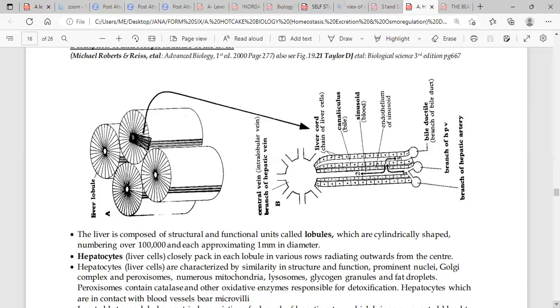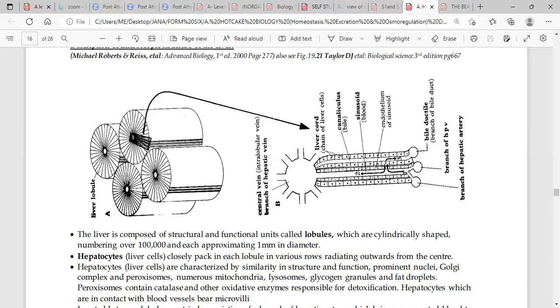So we say that the liver is composed of structural and functional units called lobules, which are cylindrically shaped, numbering over 100,000, and each approximating 1 millimeter in diameter. These hepatocytes, the liver cells, are closely packed in each lobule in rows radiating outwards from the center, and they are characterized by similarity in structure and function.